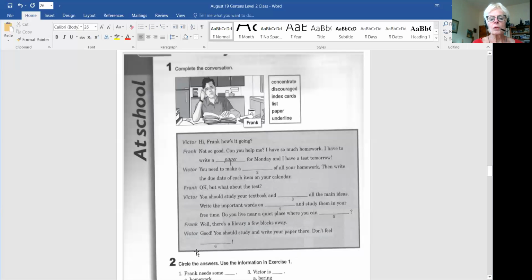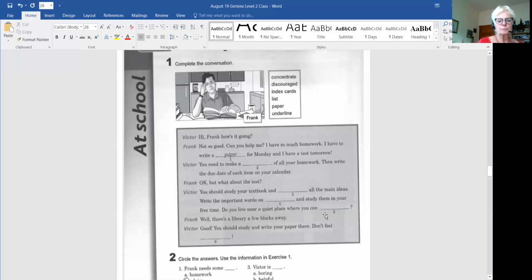Don't feel blank." And that word is discouraged. Don't feel discouraged. So we used the words concentrate, discouraged, index cards, list, paper, and underline to fill in these blanks.